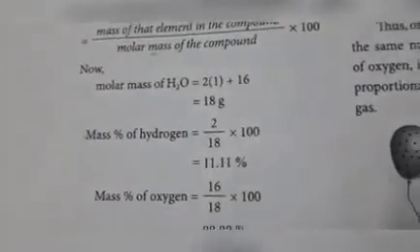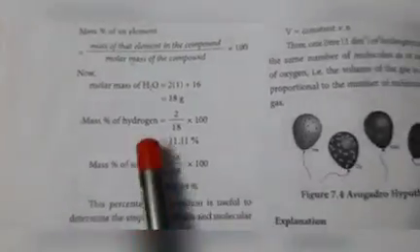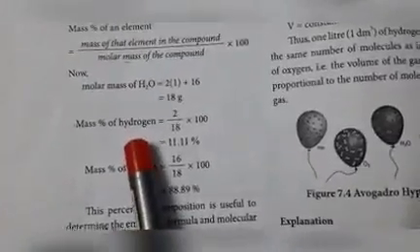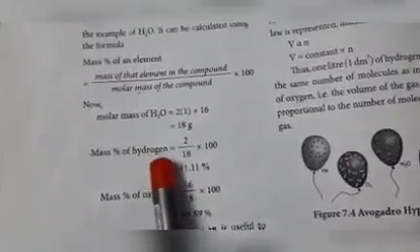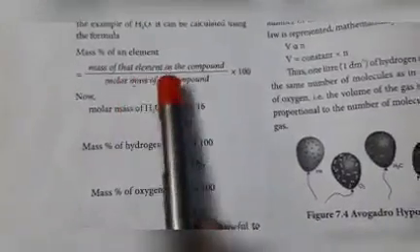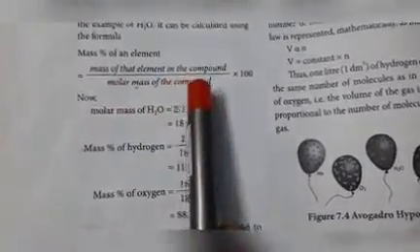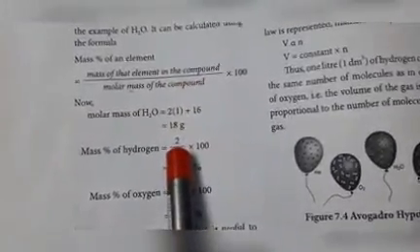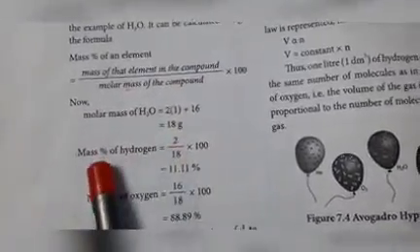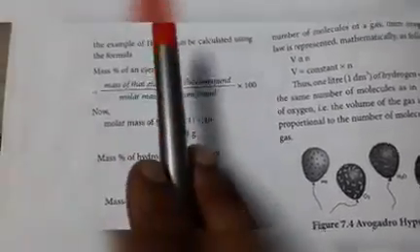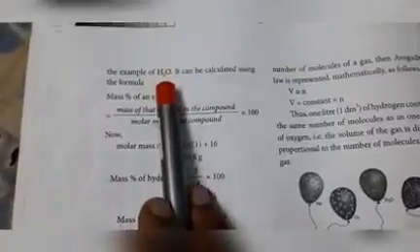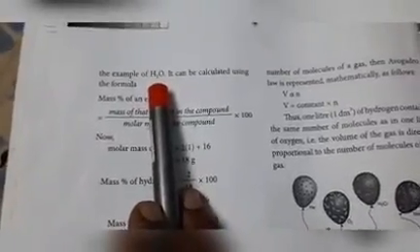Example, first we are going to calculate the mass percentage of hydrogen. Mass of that element is 2, because we are calculating the percentage of hydrogen in the water molecule. The molecular formula of water is H2O.